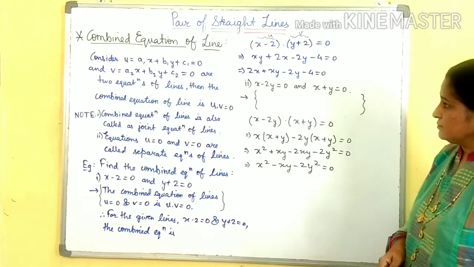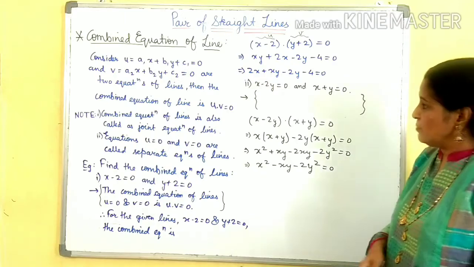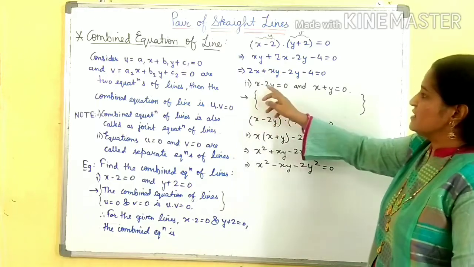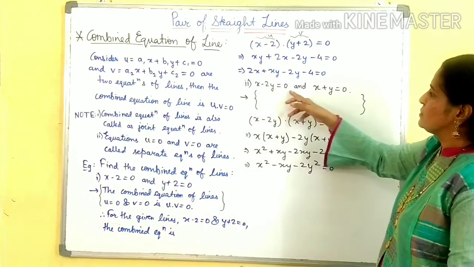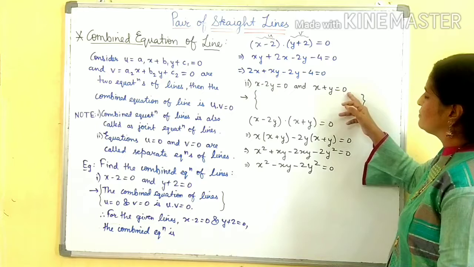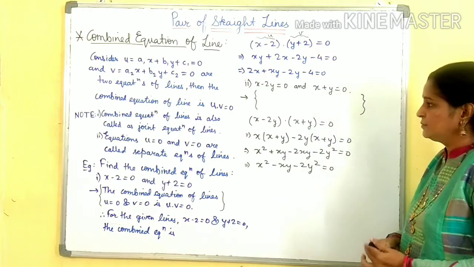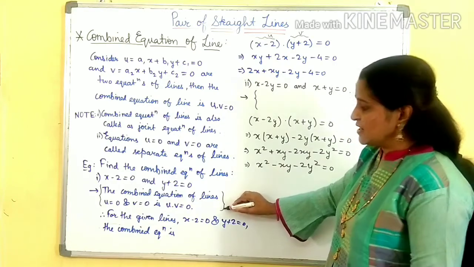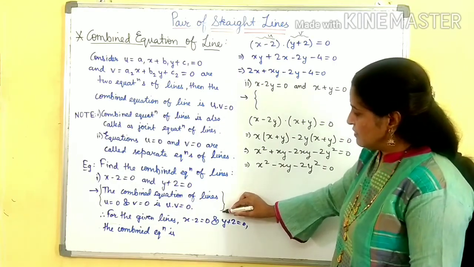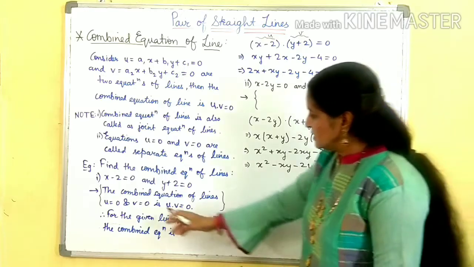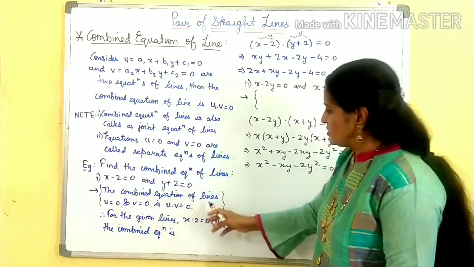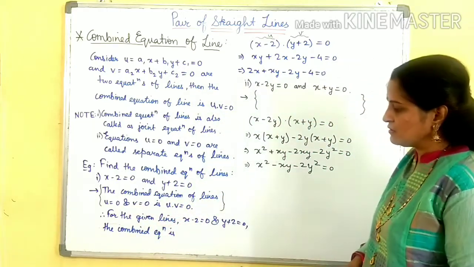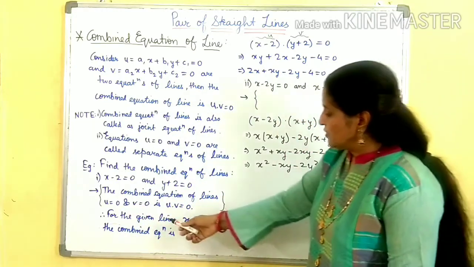The second example. Your complete question is, find the combined equation of lines x minus 2y is equal to 0 and x plus y is equal to 0. Write down the basic part of equation of lines, which is, we know that the combined equation of line u is equal to 0 and v is equal to 0 is u dot v is equal to 0 for the given lines.